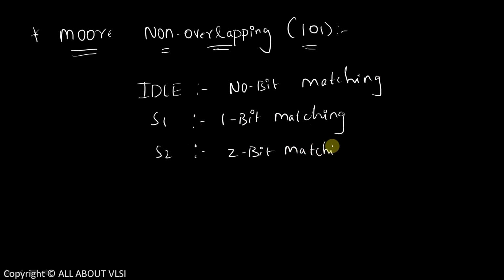But here, in the case of Moore FSM, we will have one more state, the 3-bit matching state, S3. Why? The reason I will show you now. So I will draw them: idle state, S1 state, S2 state, S3 state.